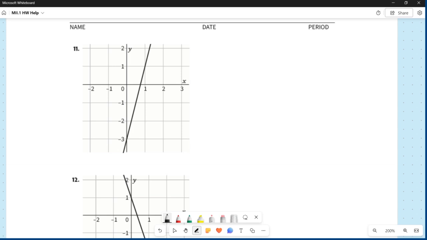So for number 11, basically just asking, what's the slope of this line? Another concept for slope, another way to represent it, is rise over run.